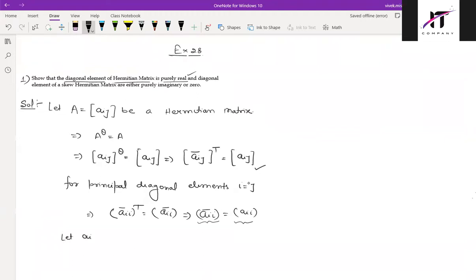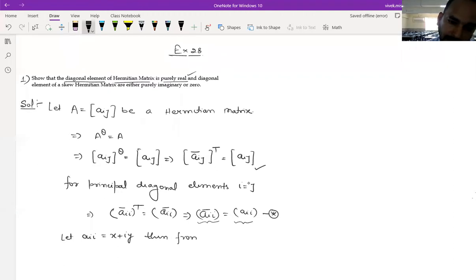Let Aii be x plus iy, a complex number. Then from star I can say x minus iy equals x plus iy. Now this x and x get cancelled, which implies 2iy is 0, which implies y is 0.